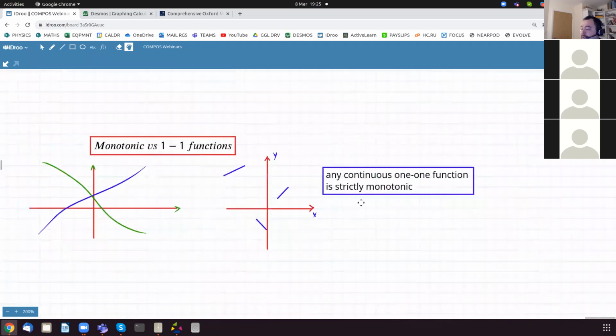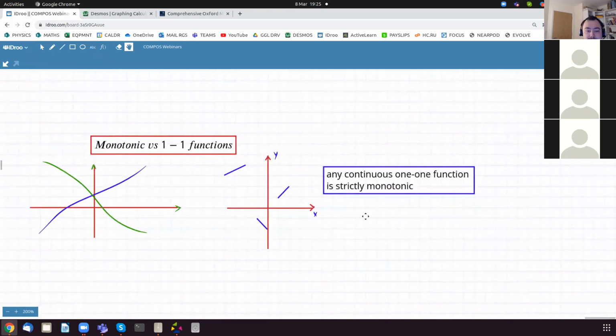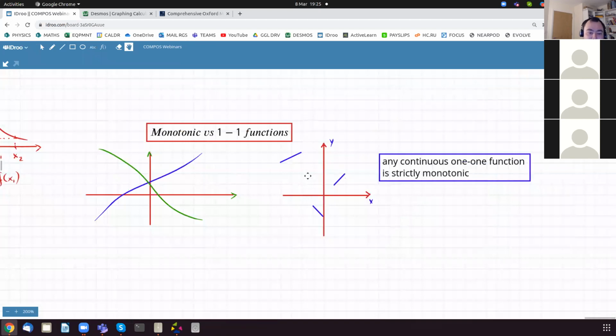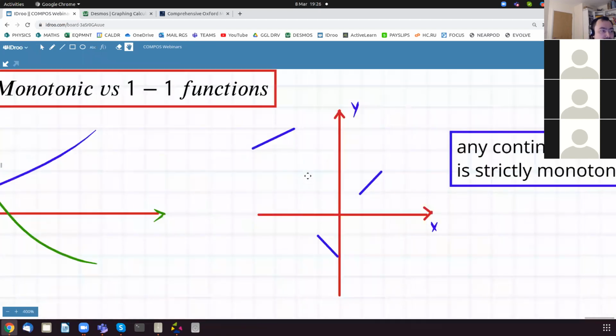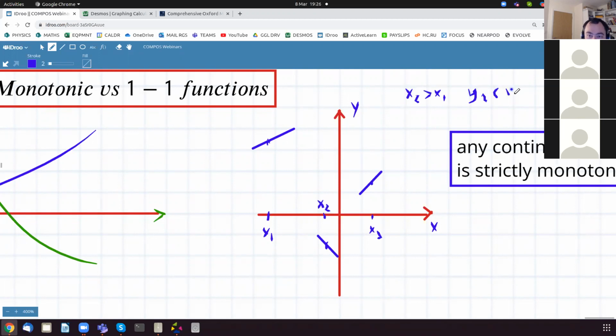Does the difference make sense, guys? Okay. So just to be clear, here you have x1, and here you have x2, and here you have x3, and you see that x2 is greater than x1, but y2 is smaller than y1.